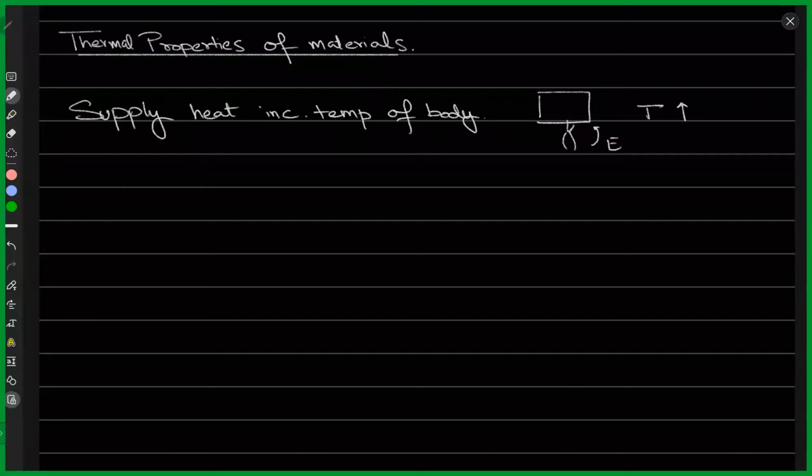Of course, if I give it more energy, what am I doing? This object is obviously made up of atoms, and if I supply them energy, they'd start vibrating more and more.